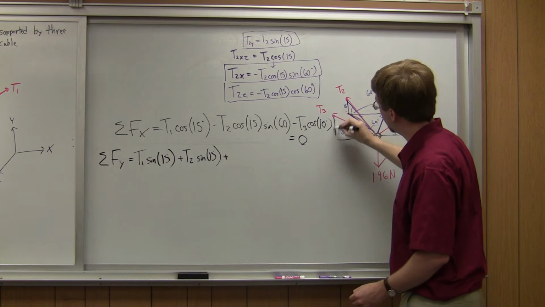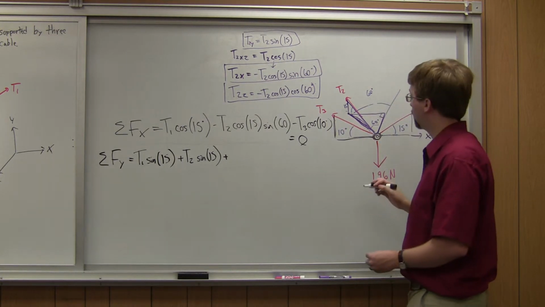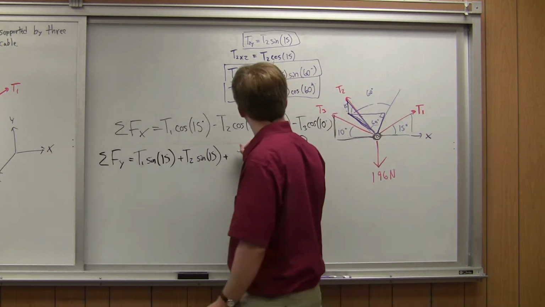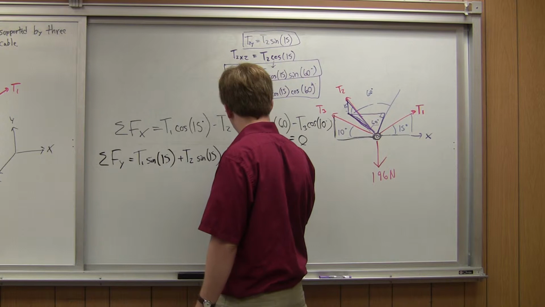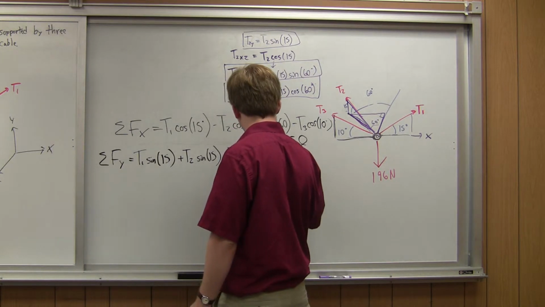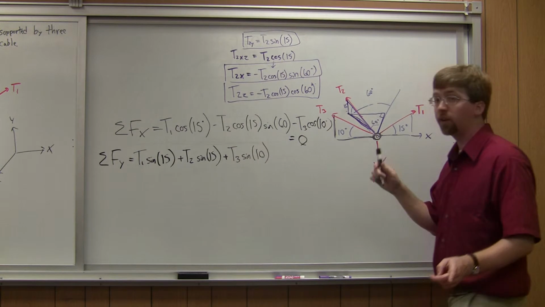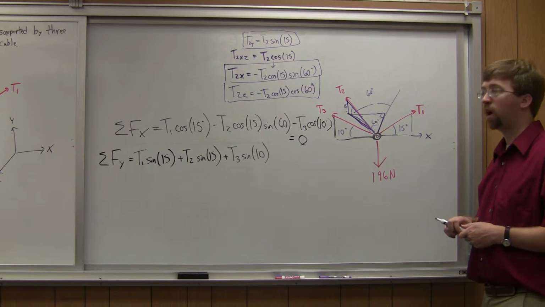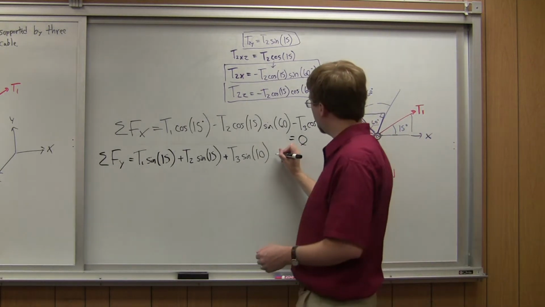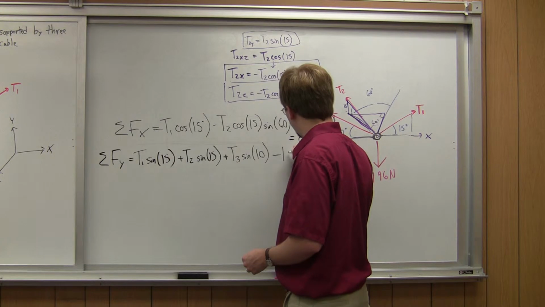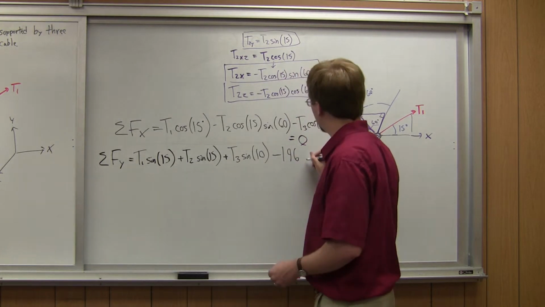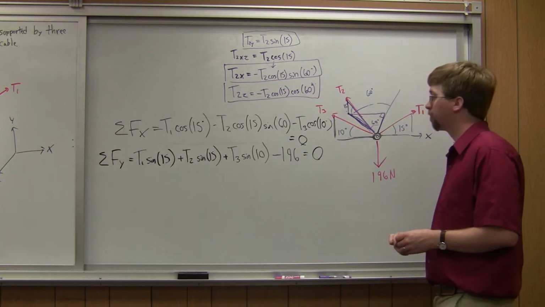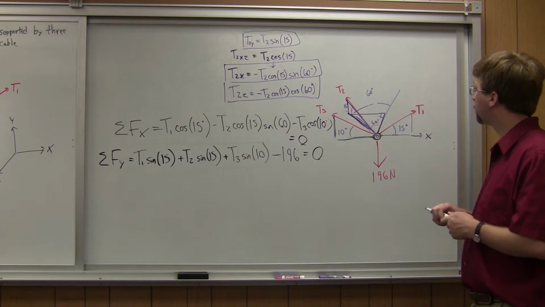And for T3, I'm looking for this vertical part of that triangle here. So it's going to be T3 opposite, so T3 times the sine of 10. And I also can't forget, I've got this 196 Newton weight force pulling down. So minus 196, and this thing is in equilibrium, so equals 0. So there's my sum of forces in the y.